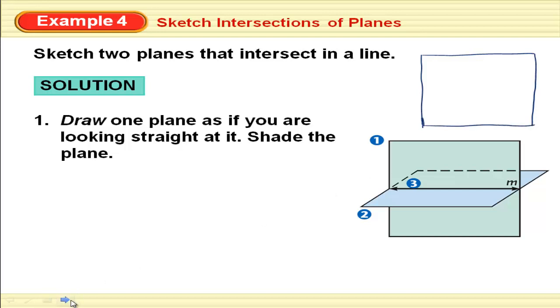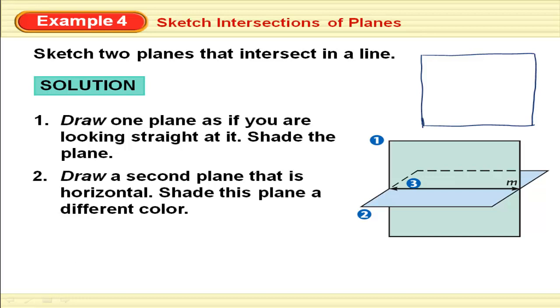The second step here is draw a second plane that is horizontal. So this is what you do. I try to look right at the middle of this segment here, and I draw a line outwards like this. And then right at the center here, I'll draw a parallel line to that one. Okay?